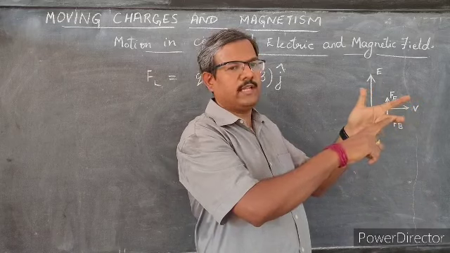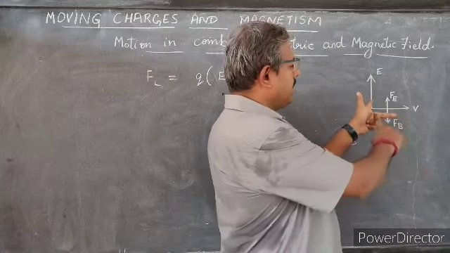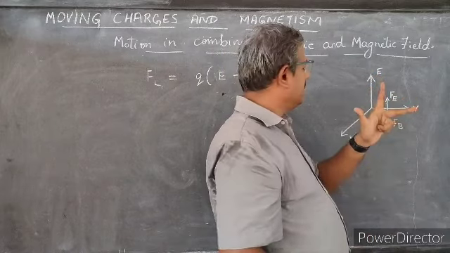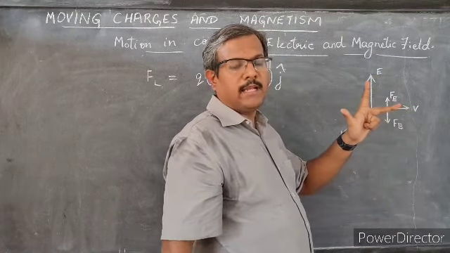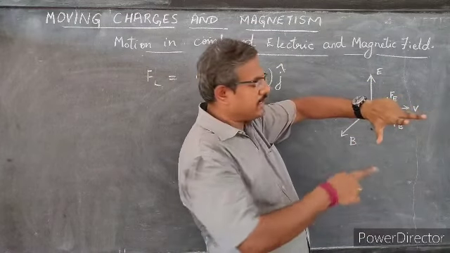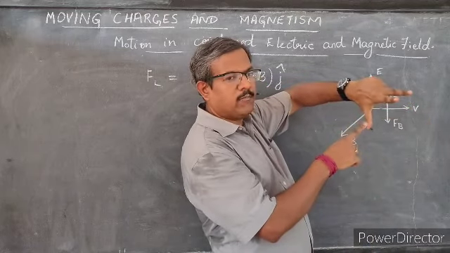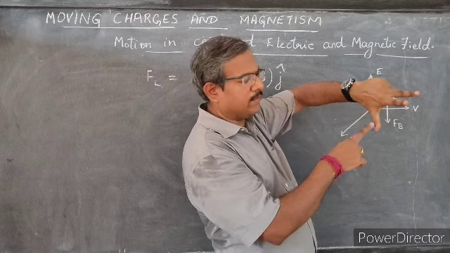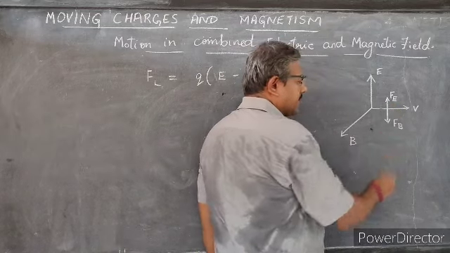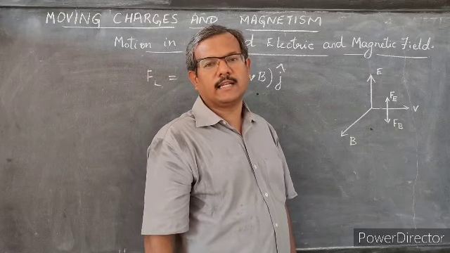So remember, the middle finger indicates the direction of the charged particle. So I keep it along the direction of V, and my index finger is along the magnetic field. So I need to turn it so that the magnetic field, remember, is coming out of the blackboard. It's coming out of the blackboard, so I'm holding it this way. Then the thumb will show me the direction in which the force is being felt. So it's showing downwards. So FB acts along the y-axis but in a direction opposite to that of the force being felt due to the electric field.